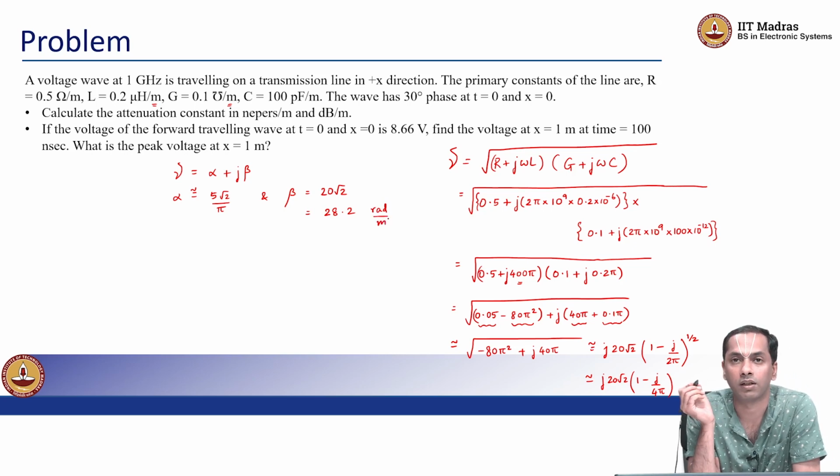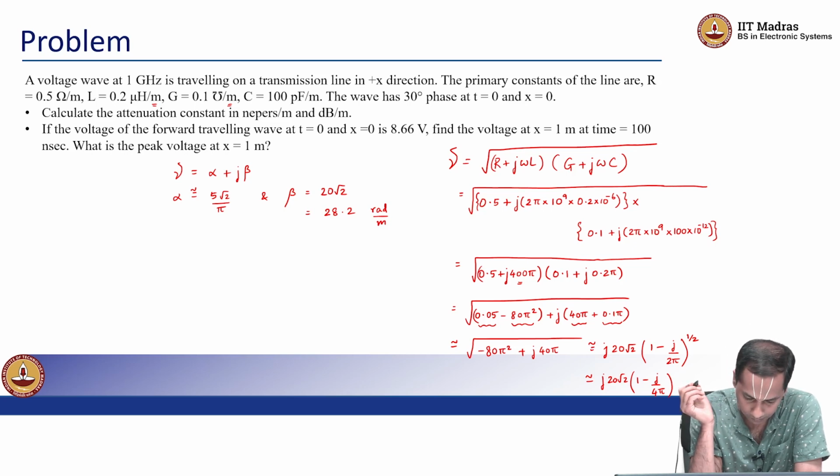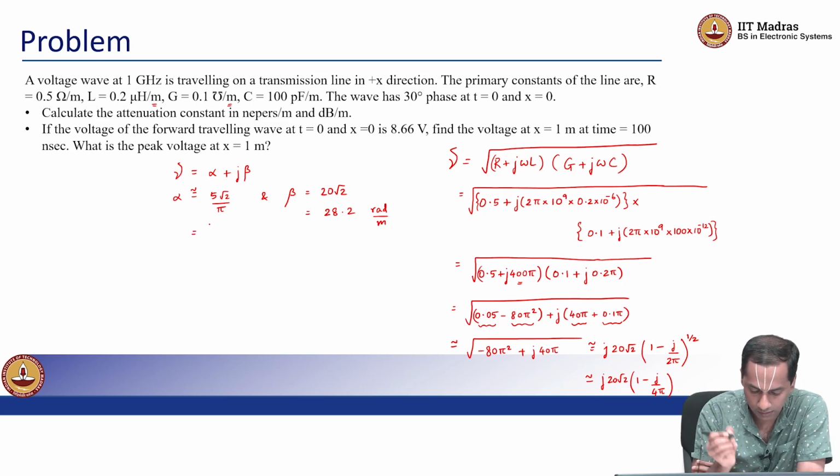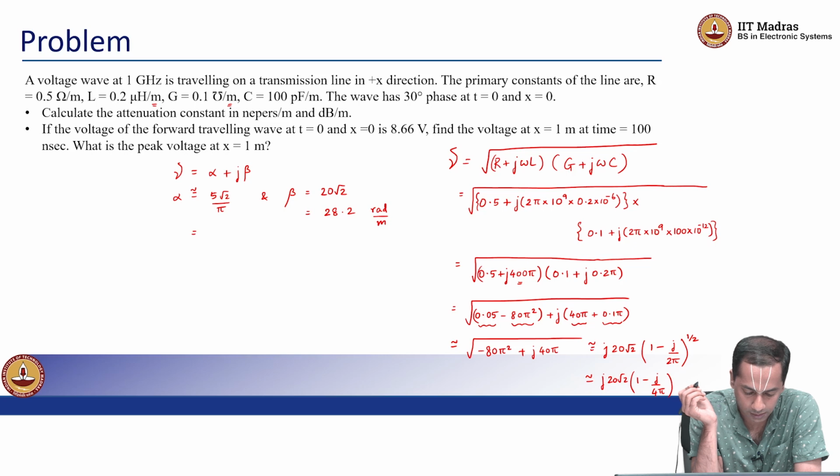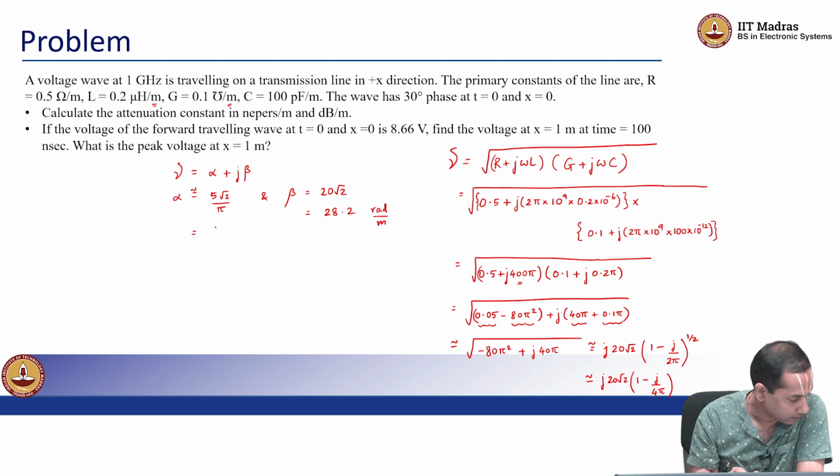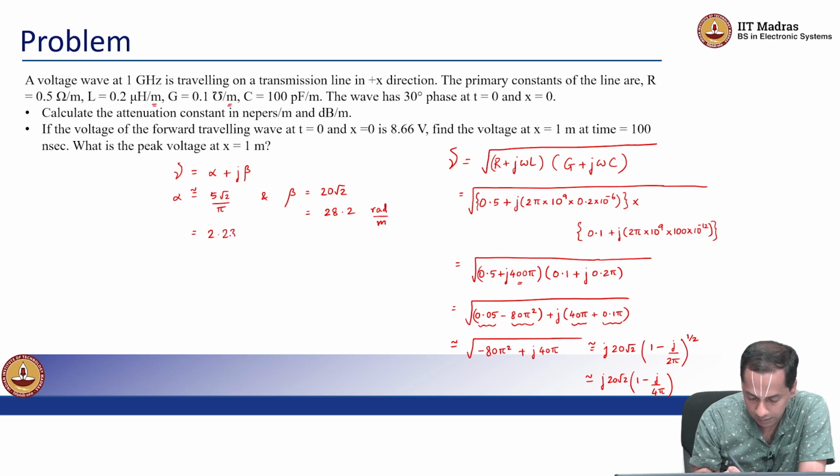Okay, so remember, even when you are writing your quizzes and finals, units are highly important, right? So beta has units of radians per meter. So this alpha, 5 square root of 2 by pi, I can probably punch into my regular calculator, and it turns out to be around 2.23, and the units is nepers per meter.